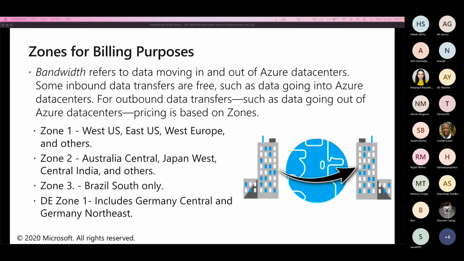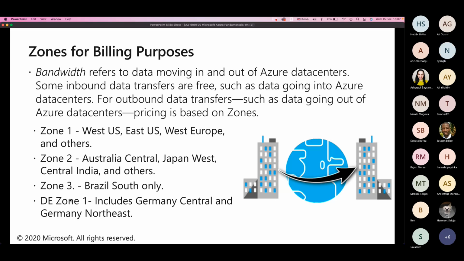And then Zone 3 being Brazil and Brazil South basically. There is also a Zone D, and a Zone D1 as well, so you can break them up by subzones. So Deutschland, including Germany Central and Germany Northeast.